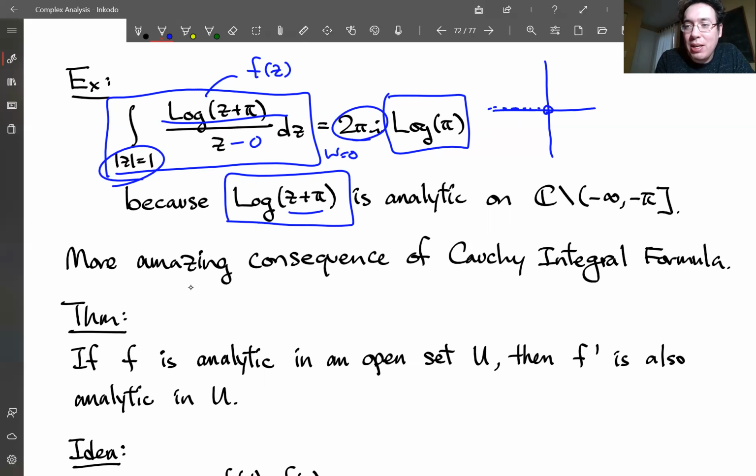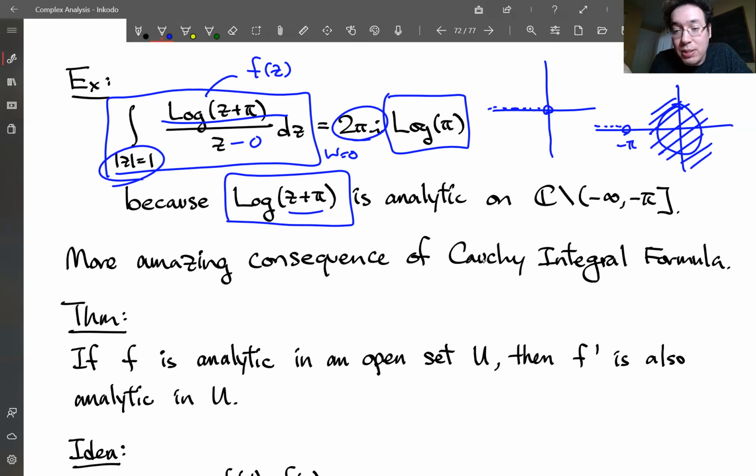So the domain of log of z plus pi is actually looking like this. Which is nice because if we integrate along the unit curve, the function is analytic throughout the important region we care about. So we could still apply the Cauchy integral formula and we get the result that we have there. So it is important to check that our function f is analytic in the domain that we care about.